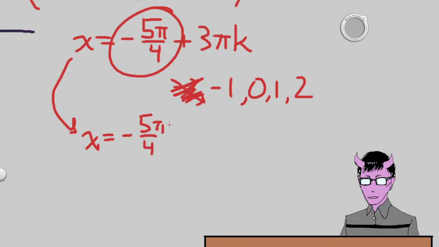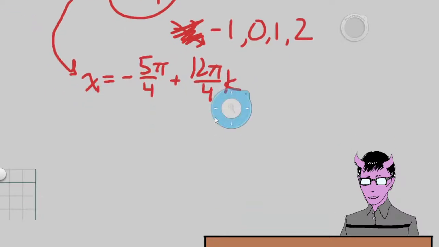So copy paste the base angle, and then this one right here, I'm going to change to a denominator with 4. So plus 12 pi over 4. We're going to use these k values to generate all our possible answers for the coterminal angle considerations.